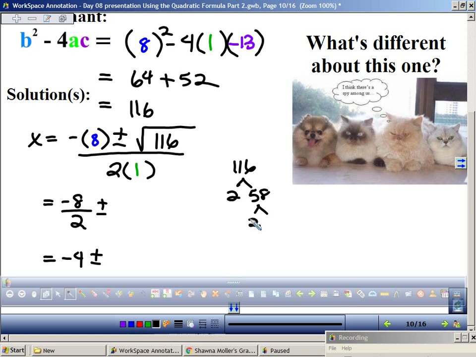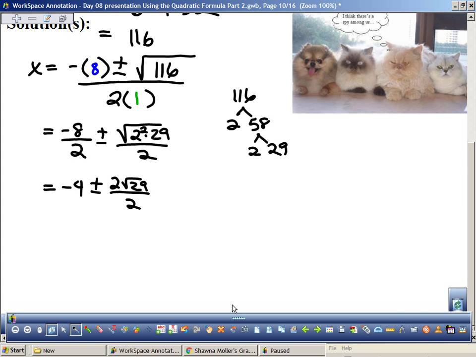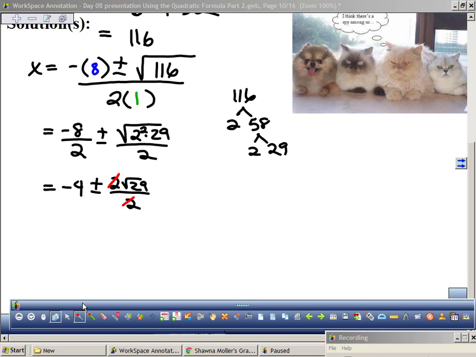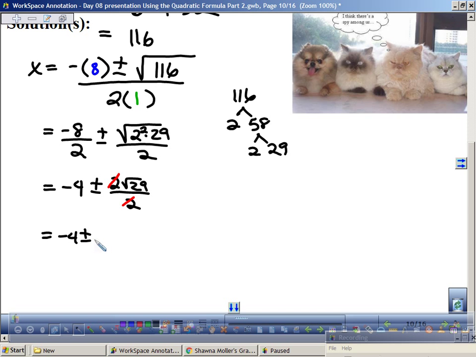That's 8. 2 goes into 5 2 times with 18 left over, which is 9, and I can't break that down. So I get 2 squared times 29 over 2, which is 2 root 29 over 2, those cancel, and I'm left with negative 4 plus or minus the square root of 29.